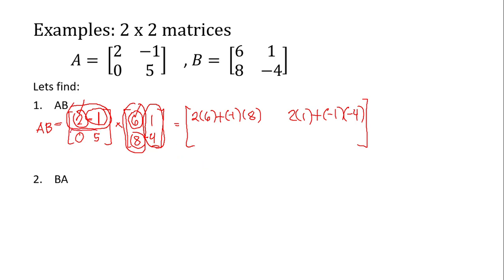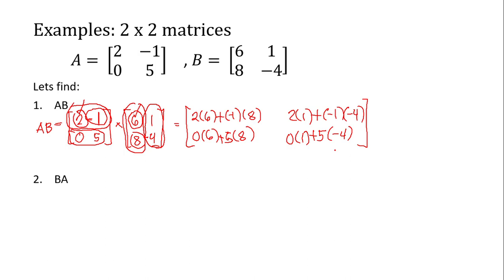Yung second row, i-multiply naman natin siya dito sa first column. So, we have 0 times 6, then plus 5 times 8. The next, second row, second column. So we have 0 times 1 plus 5 times negative 4.